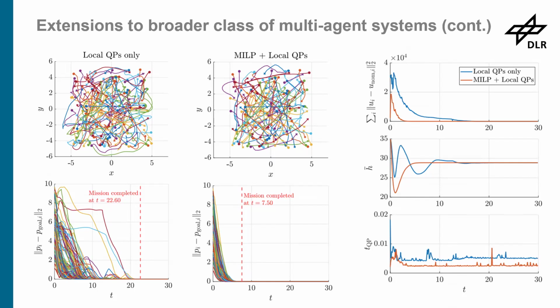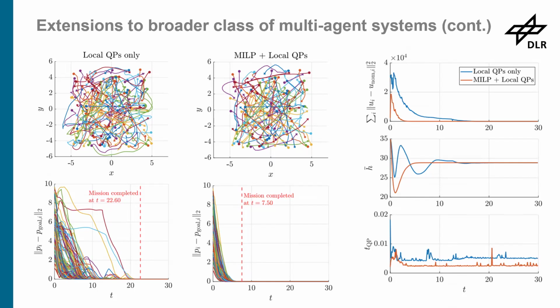And you see it also here. This is the mean barrier value of the whole swarm. And barrier value means the safety metric, right? Normally you could say the higher the safety metric, the higher the safety of the system.